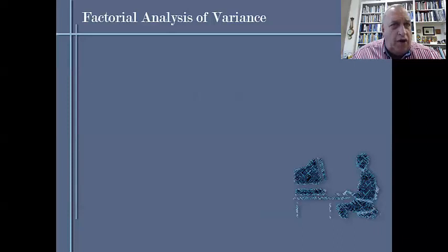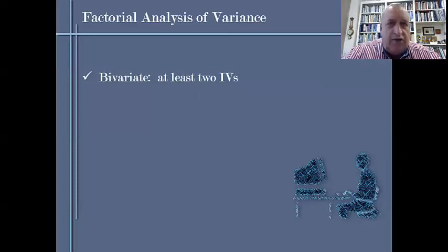Now in factorial analysis of variance, remember that a factor has to do with the independent variable. Here we have a bivariate design where we have at least two independent variables. So let's go back to our discussion. Our first variable is going to be year in college: freshman, sophomore, junior, senior.